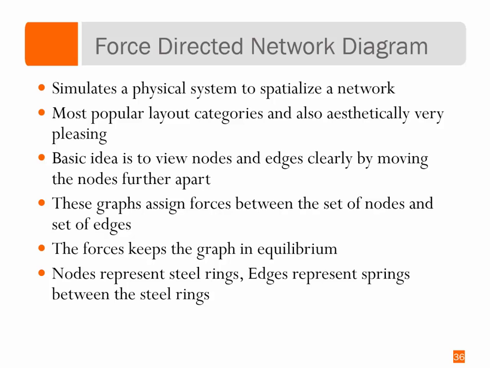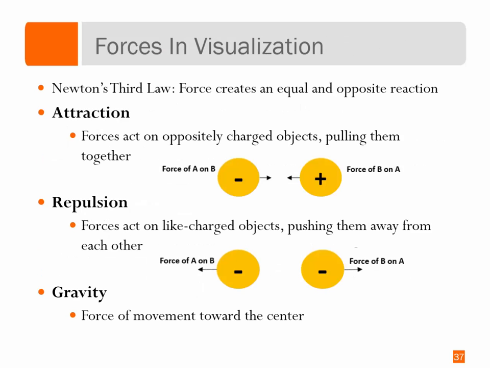Now let's talk about some of the forces that make it work. So these forces in a network diagram visualization basically work on Newton's third law applied to visualization, where a force creates an equal and opposite reaction.